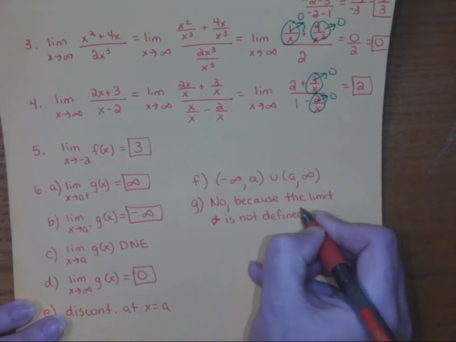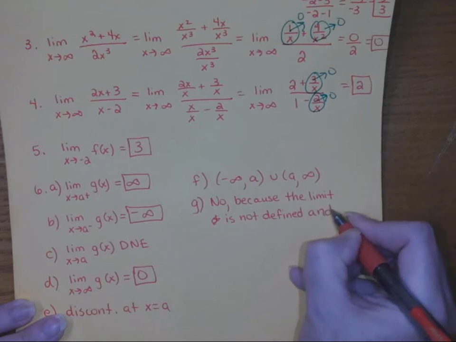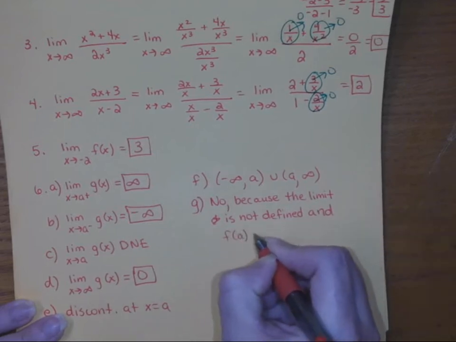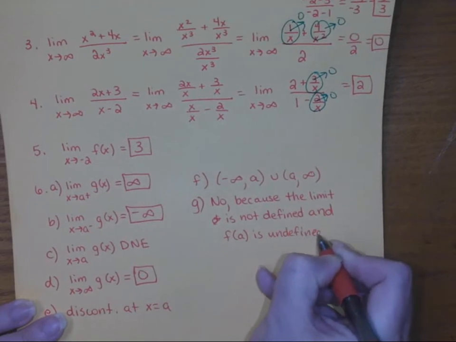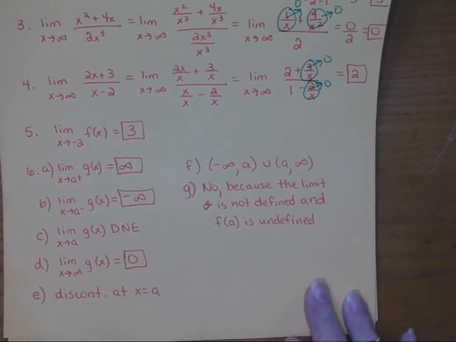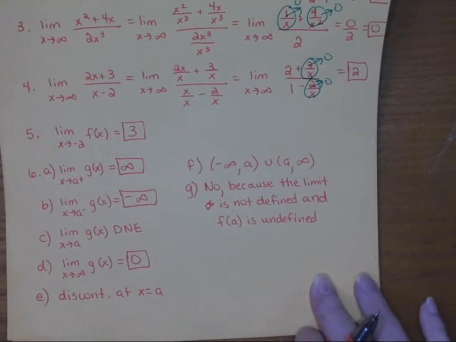But honestly, also because f of a is undefined as well. In other words, f of a doesn't exist. Differentiable means, are we able to find a derivative, yes or no? So clearly that's a no on that one.